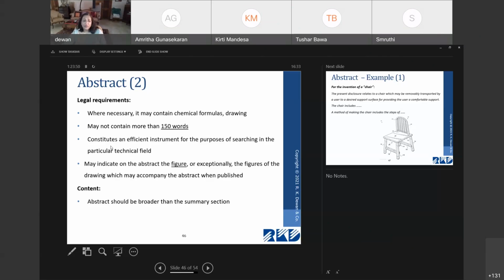Now, what does it do? It constitutes an efficient instrument for the purpose of searching in a particular technical field.